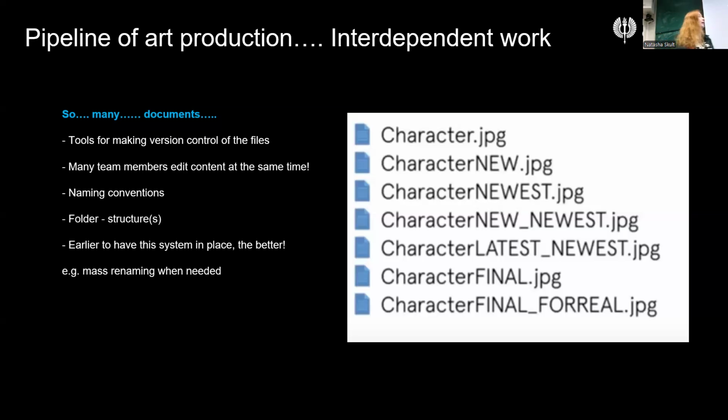And again, the naming, because even if someone misspelled something, at least you could see under what folder they should be, and then you can find it way faster than going manually through hundreds and thousands of assets. And the earlier you have the system in place, the better. Of course, it's never too late to improve things, but start from the beginning.